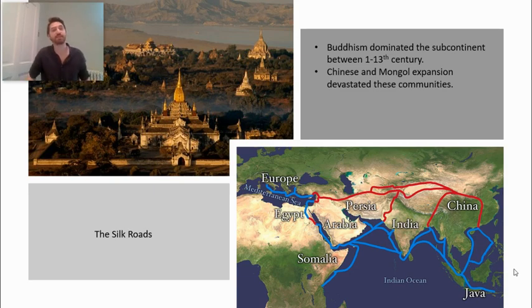Now, in the classical period, one of the most important trade routes is known as the Silk Roads.